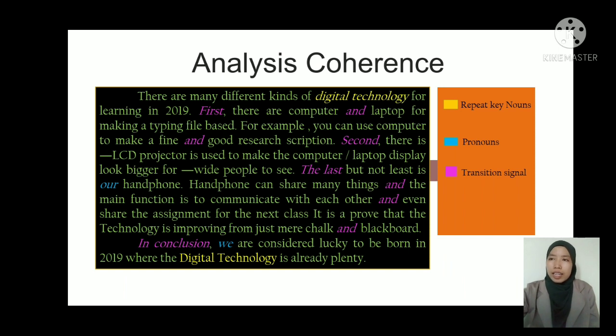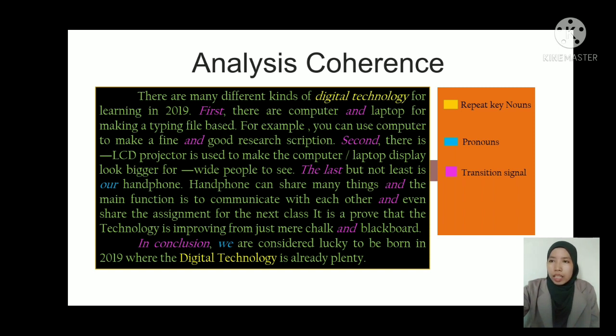Okay, this is the slide analyzing coherence, or an example of coherence. We identify that the paragraph is still about unity, but in the unified paragraph there is coherence. You can see the slide.